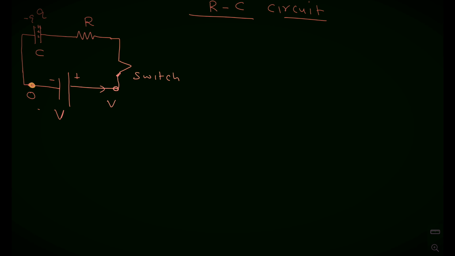I choose here 0, then this point becomes B, and this point also becomes B. And this is 0, which means this point potential also becomes 0, because this is a connecting wire. Then this point potential becomes what? Q by C, because we know Q is equal to C into B. Then B becomes Q by C.